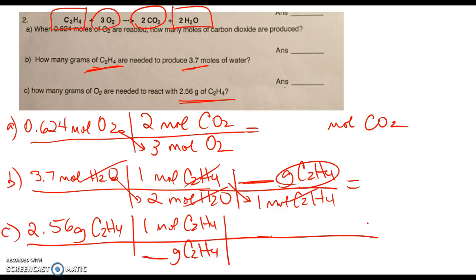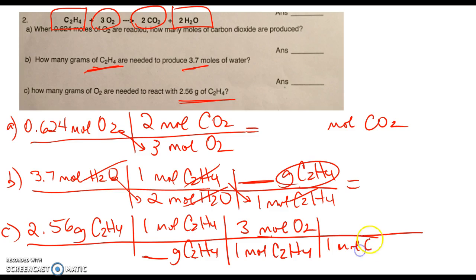Now I need to go from moles of C2H4 to moles of oxygen. So for every 1 mole of C2H4, I need 3 moles of oxygen, don't I? And then 1 mole of O2 is so many grams of O2, and you're left with grams of oxygen, which is what they wanted. All right, I think we have one more.